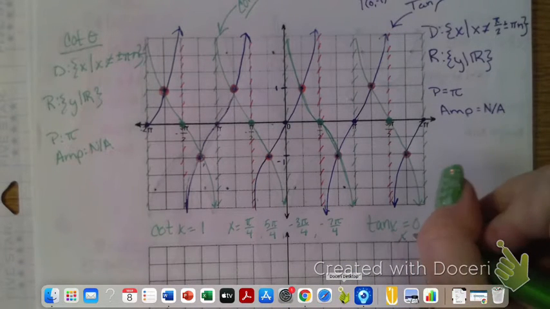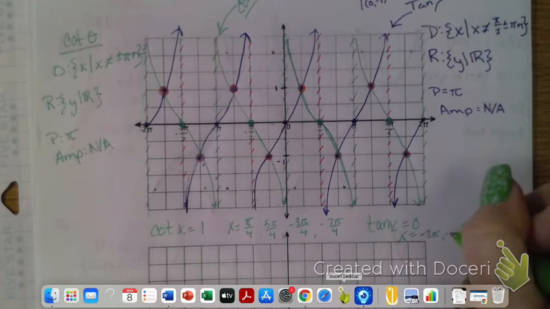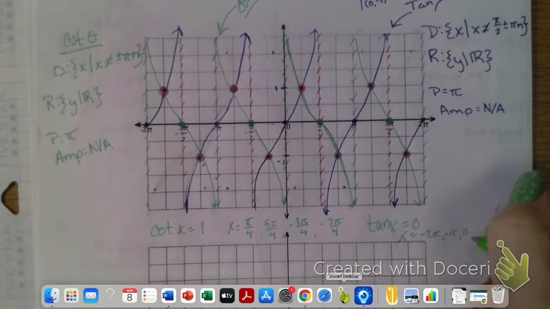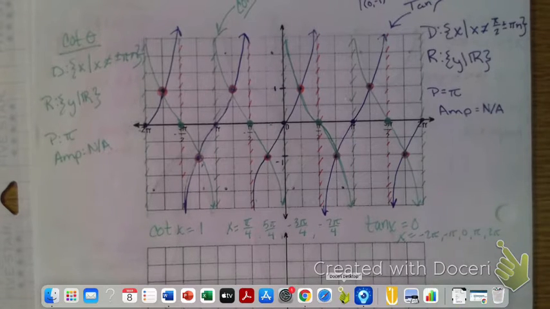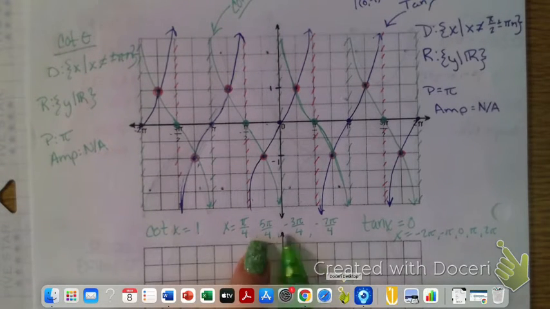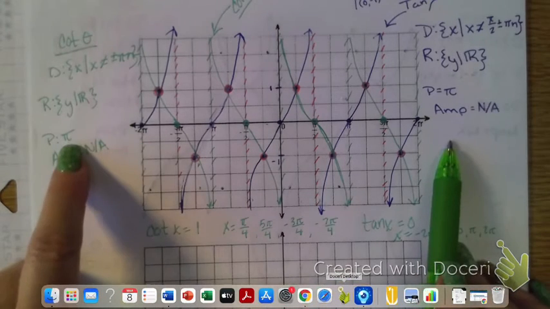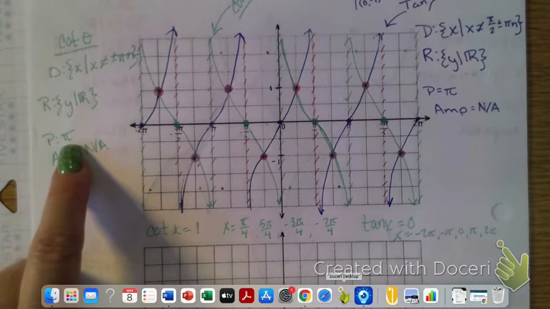So x would equal negative 2 pi, negative pi, 0, pi, and 2 pi. Once you find one of them, all you have to do is add and subtract the period, correct? Could I keep finding these answers forever without a graph? Yes, just add the period. That's it.